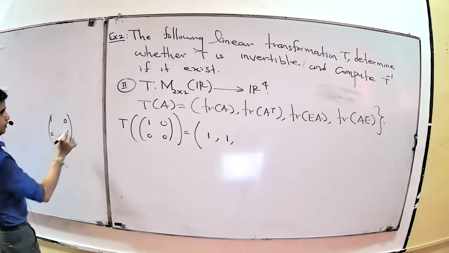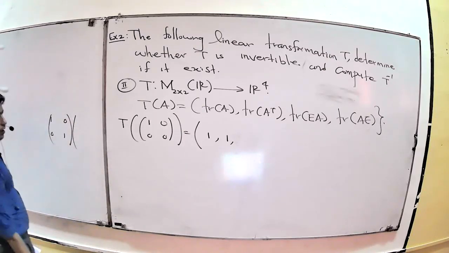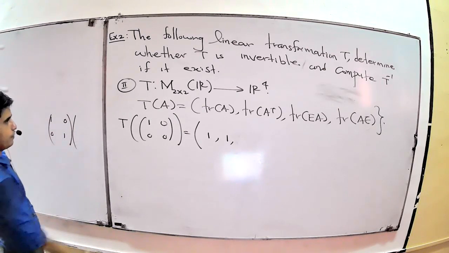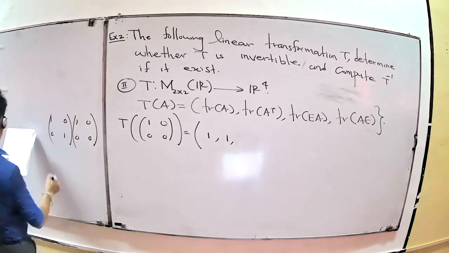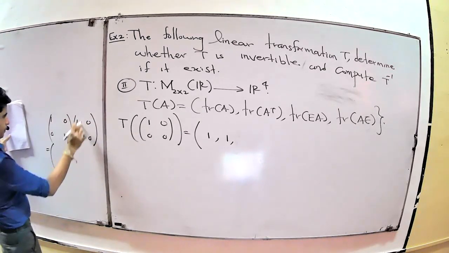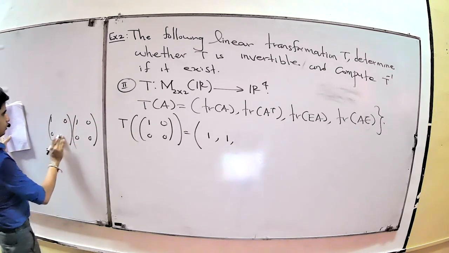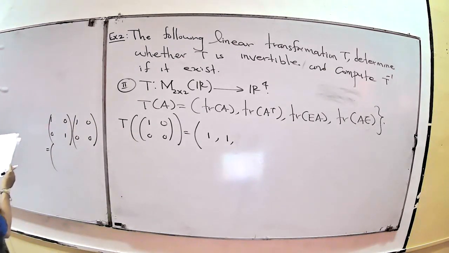You multiply here the A matrix, your A matrix is this one, no? 1 0 0 0.